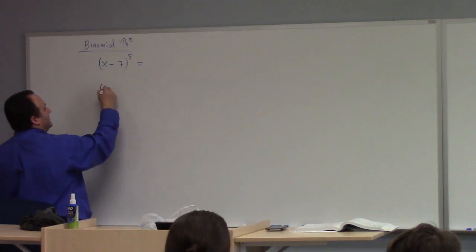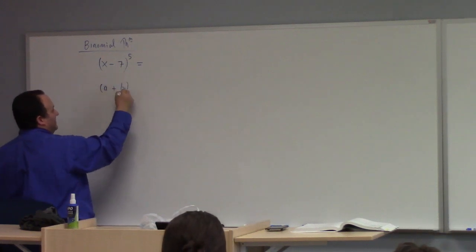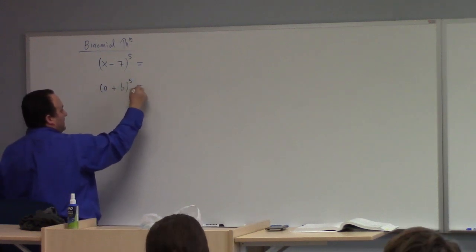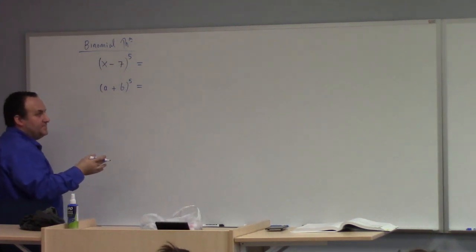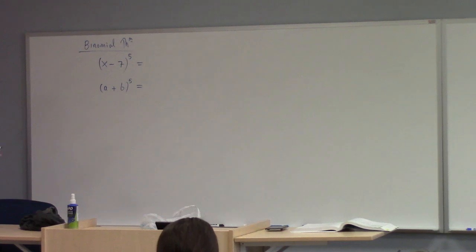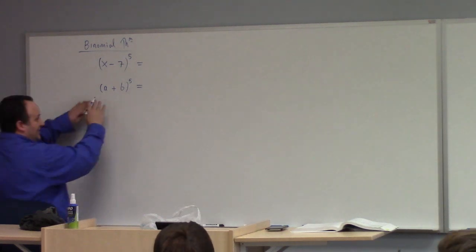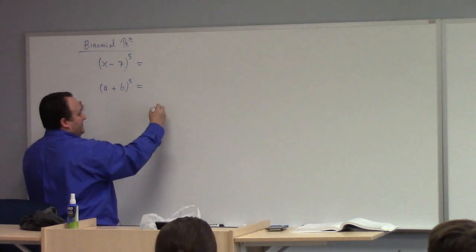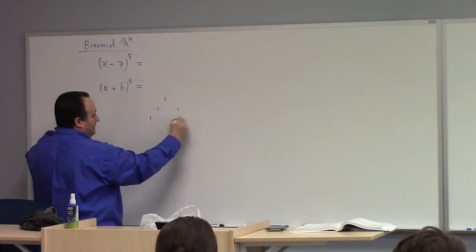Well, let's talk about just the generic form, a plus b to the 5th power. The binomial theorem is really saying you can use Pascal's triangle to write down powers like this.